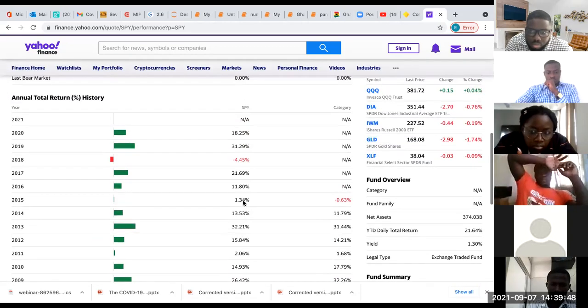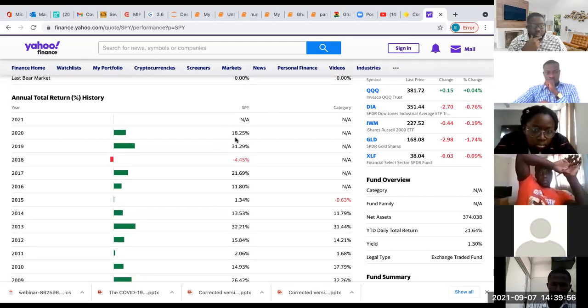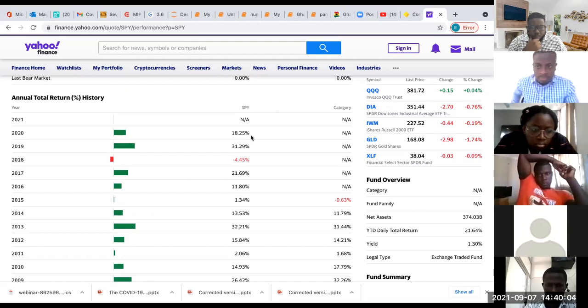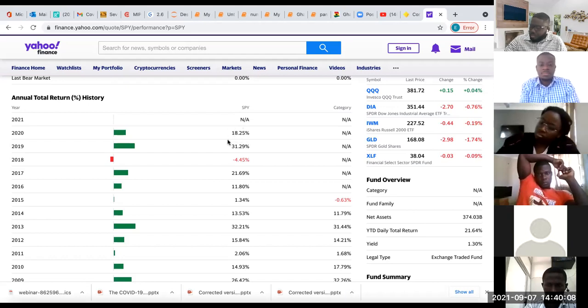So what I'm saying is that, let's say 2018. No, let's make it 2020. This was a market return of 18.25%. You can take a fund that manages money for people and compare their return to the market average.